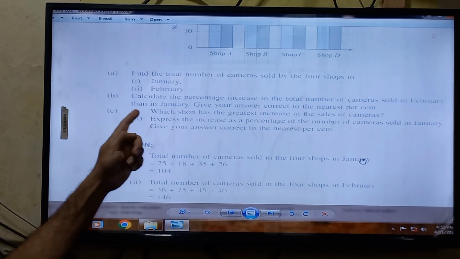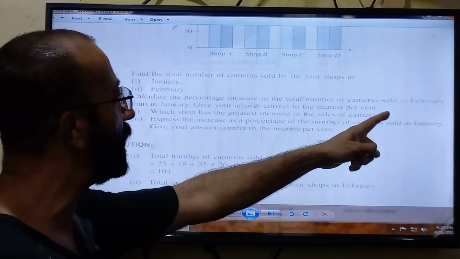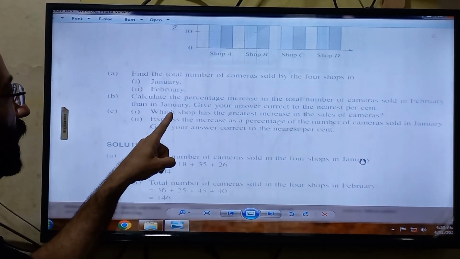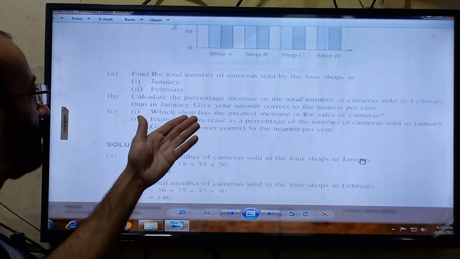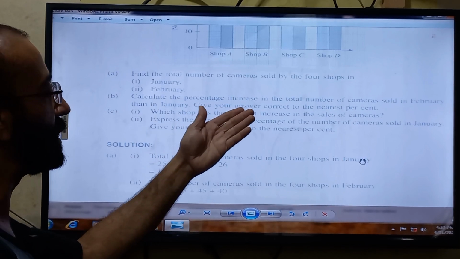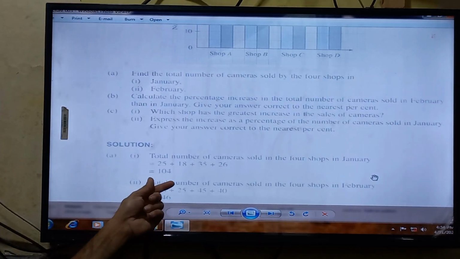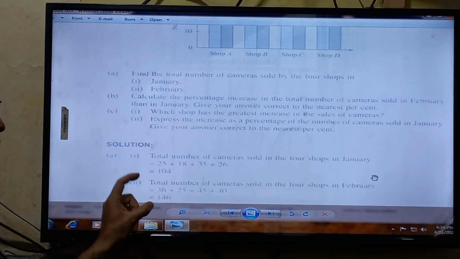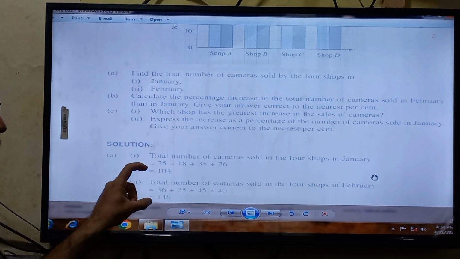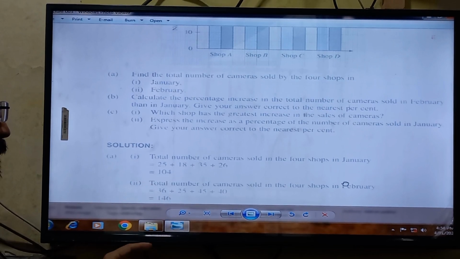Next requirement is to calculate the percentage increase in the total number of cameras sold in February compared to January. Give your answer correct to the nearest percent. So the requirement is percentage increase from January to February. So we have calculated the total number of cameras sold in January and in February. First we will find the increase, that is 146 minus 104.